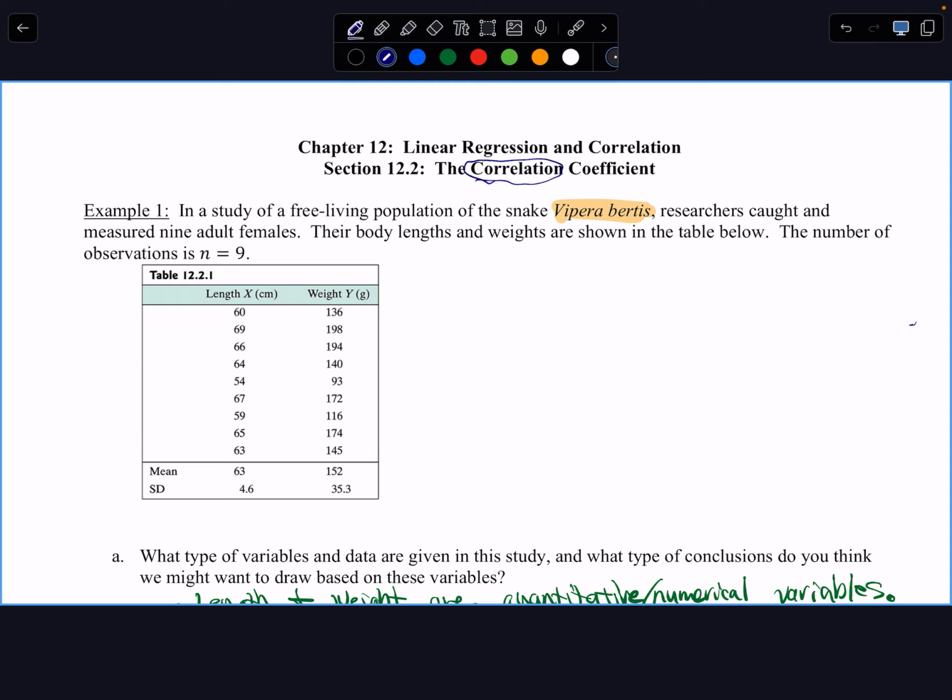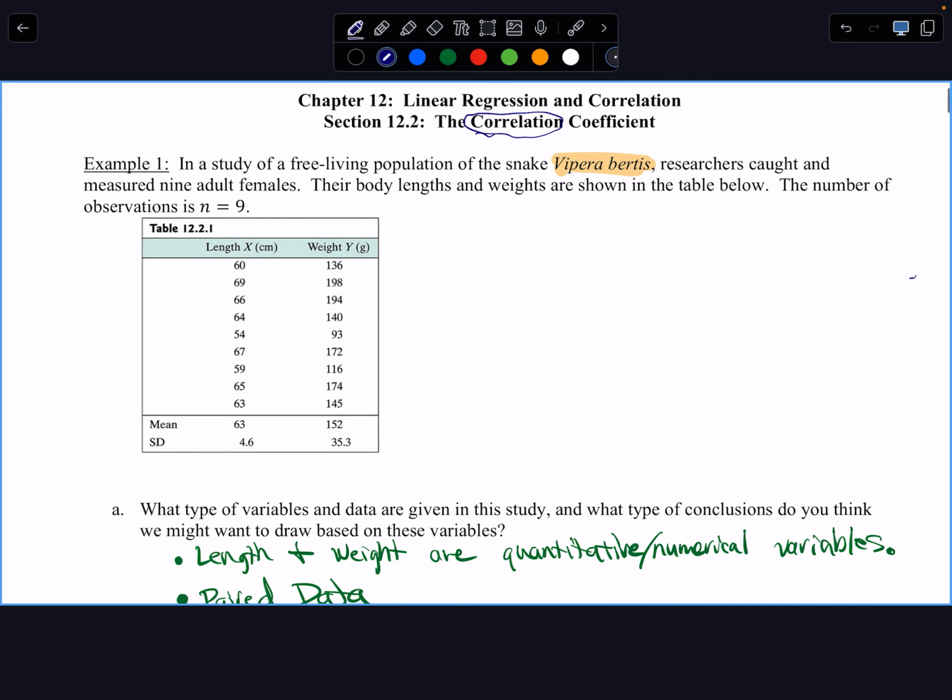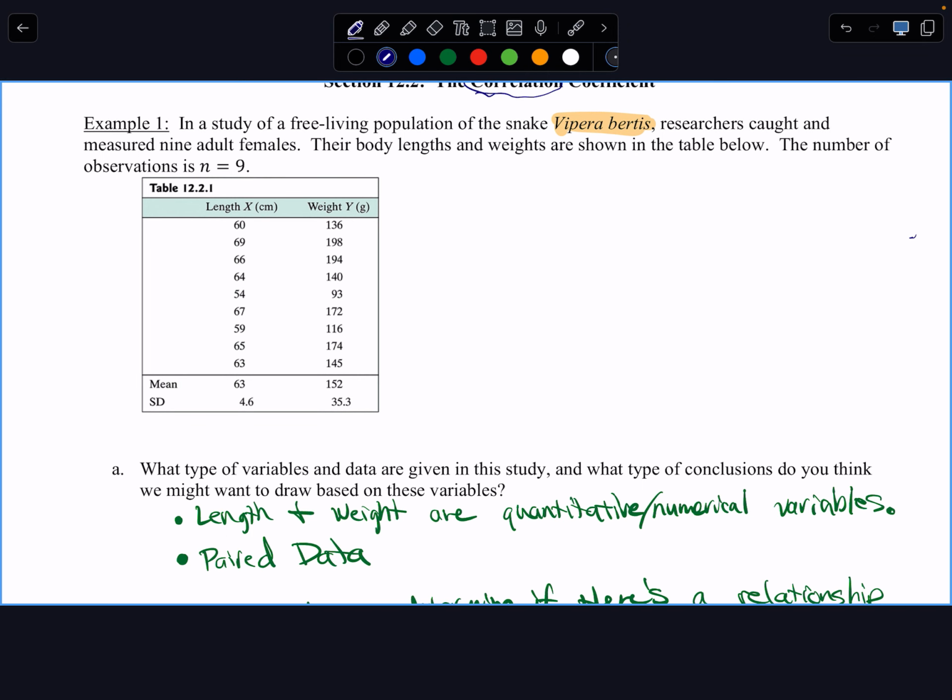We have paired data in this example. However, the two columns of data are measured on different units, right? So this is the type of analysis we're going to do when we have paired quantitative data, but we're not interested in the differences of the paired data. We're interested in the relationship, and that's where correlation comes into play.